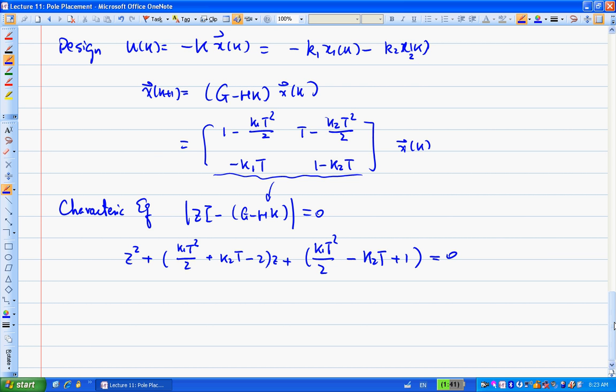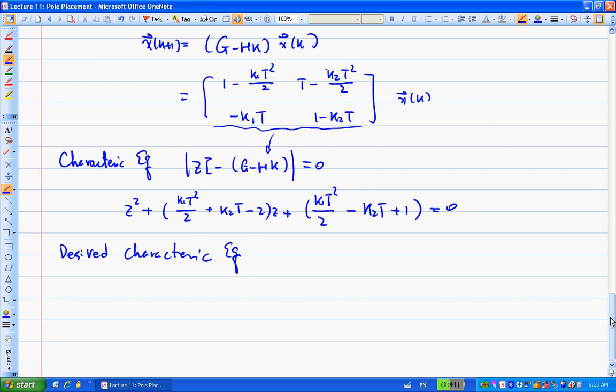So what do we do with this? What is the desired characteristic equation? Desired meaning you pick two desired poles for this system. Let's say I pick lambda 1 and lambda 2 as desired poles.